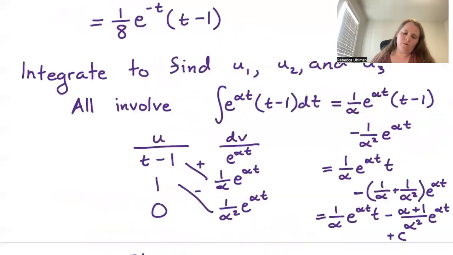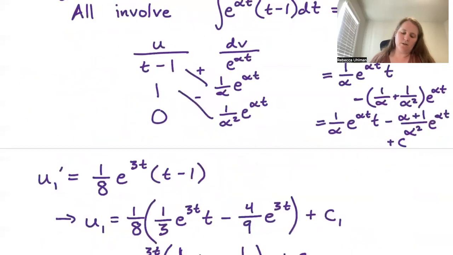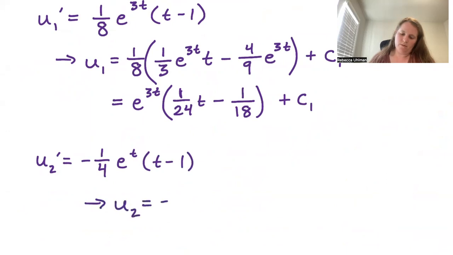was equal to -1/4 e to the t times t minus 1. So we have u2 is -1/4 times 1 over alpha times e to the alpha t times t.